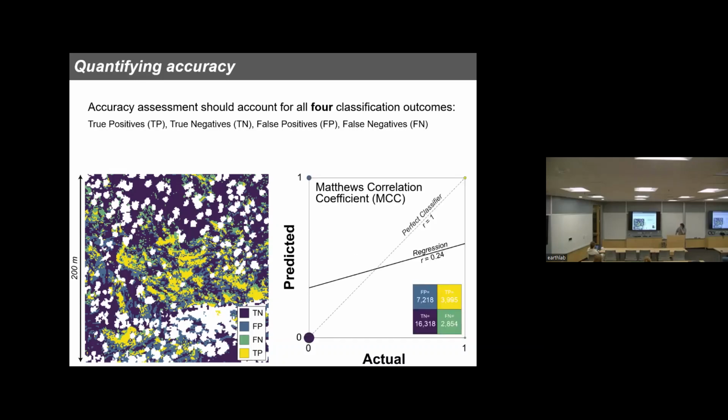So I adopted another pretty commonly used metric as well, referred to as Matthews correlation coefficient. No relation, not me. Not naming things after myself here. But basically, you can imagine it as I've put this little bivariate plot here of the actual data versus the predicted data. And you've got zeros and ones. This is a binary task. And so I've sized my circles to the number of observations in that scene to the left.